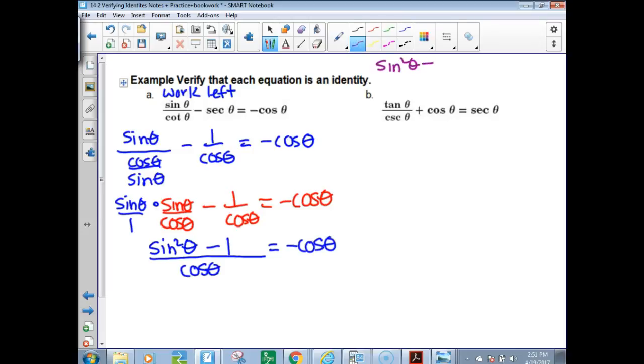Sine squared theta plus cosine squared theta from yesterday equals 1. So the cosine squared of theta is 1 minus sine squared theta. That's the manipulation of it. But that's not what I have here. I have 1 minus sine squared here. This says sine squared minus 1.